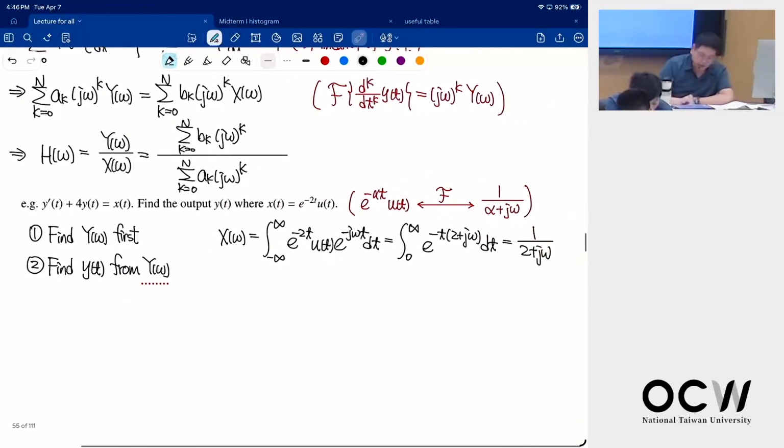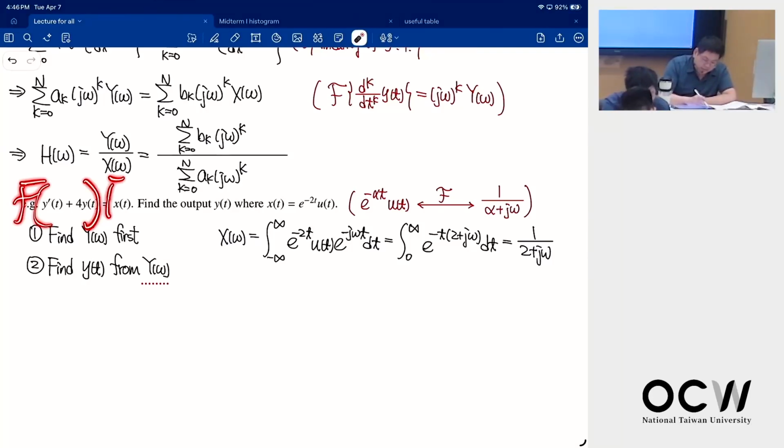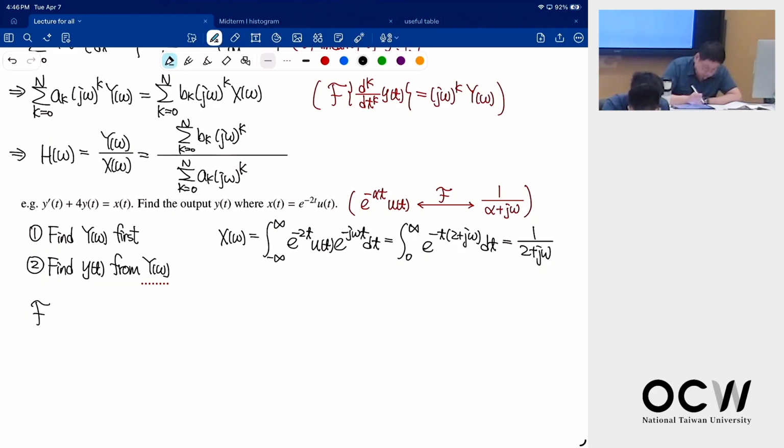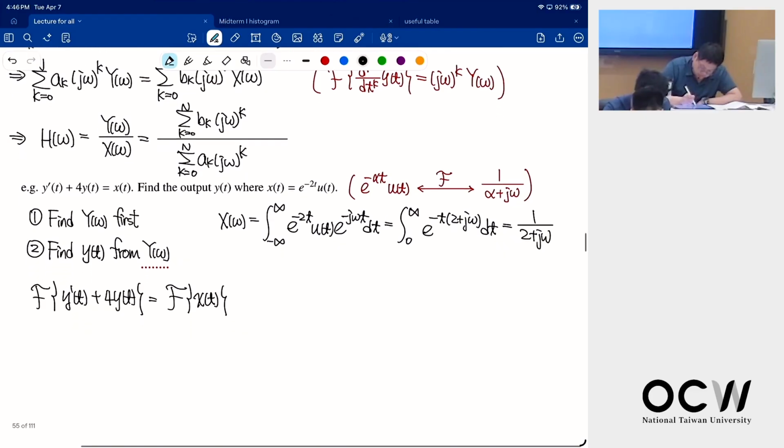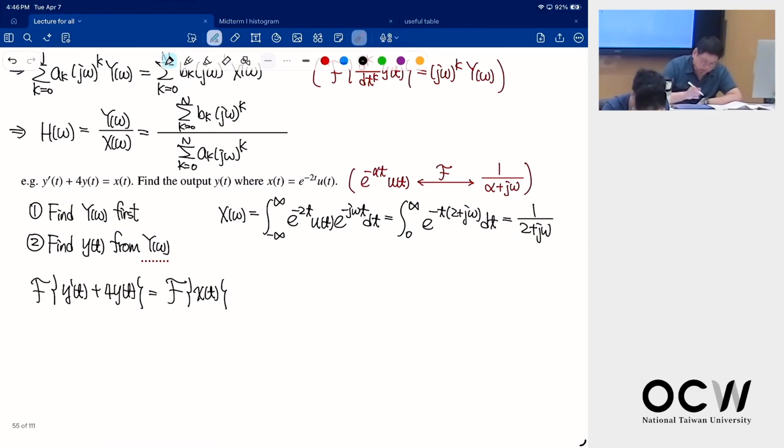Now let's take the Fourier transform on both sides. When you take the Fourier transform, here's the derivative.